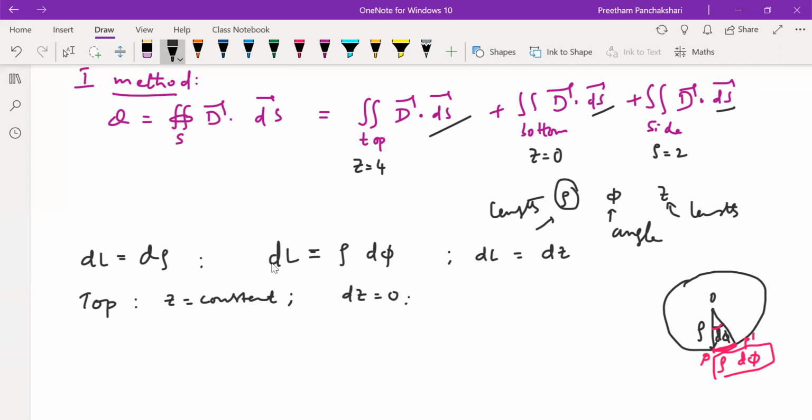So the other two differential lengths multiplied together will give you the differential surface on the top of the cylinder, that is equal to d rho into rho into d phi.